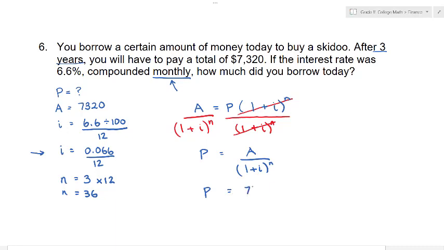A is 7,320 over 1 plus our I is 0.066 over 12 to the power of N. And our N, let me put that in, is 36. All right, so now we can plug everything in onto our calculator.